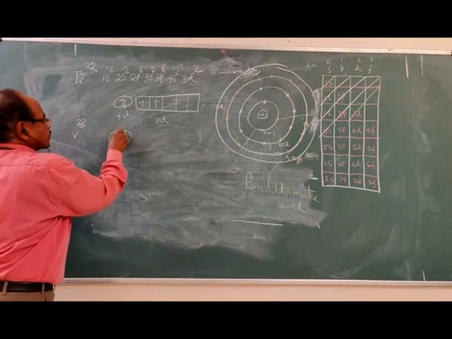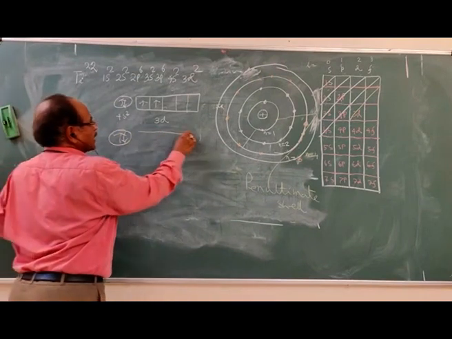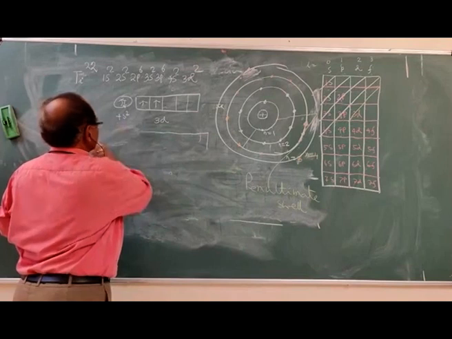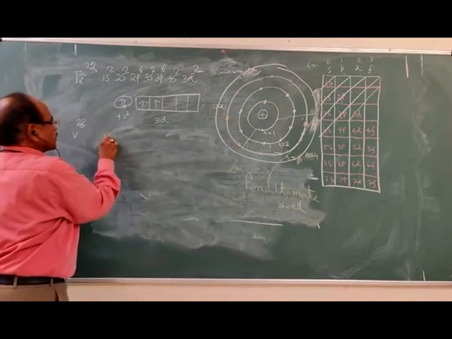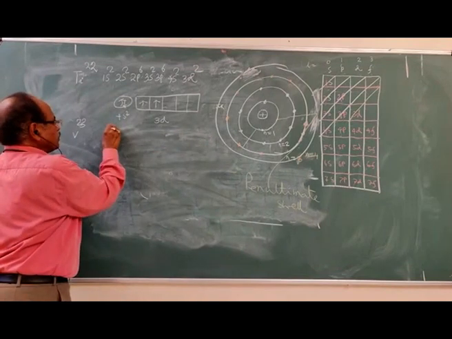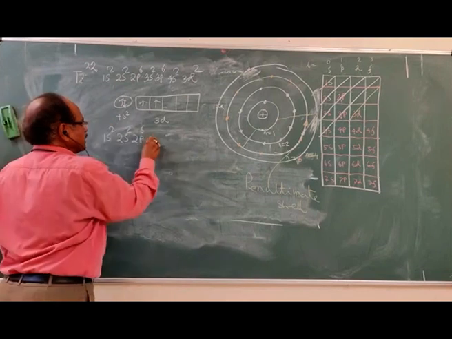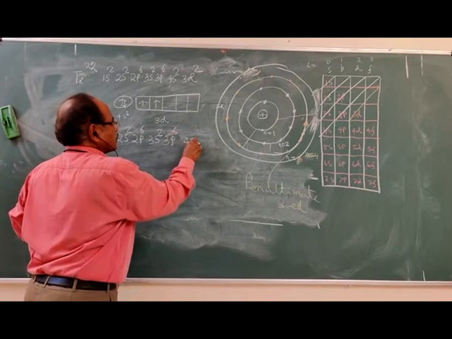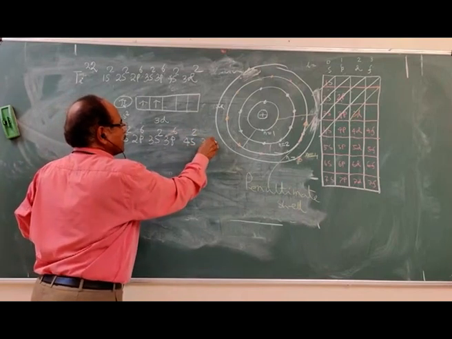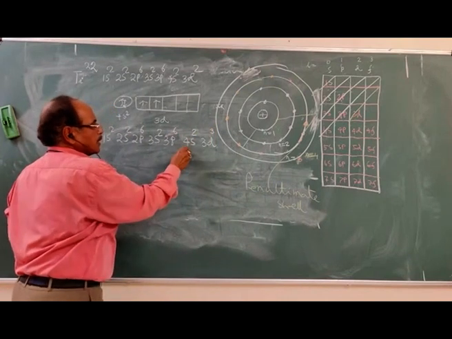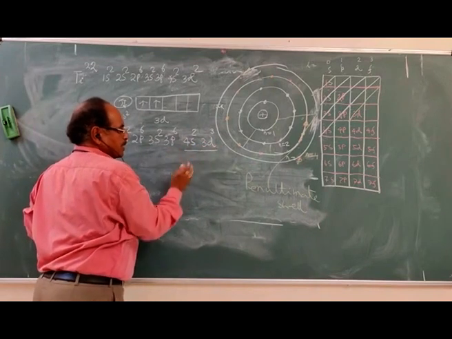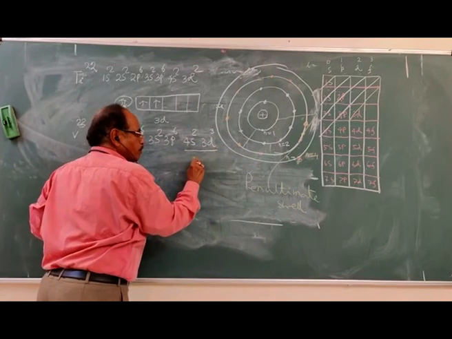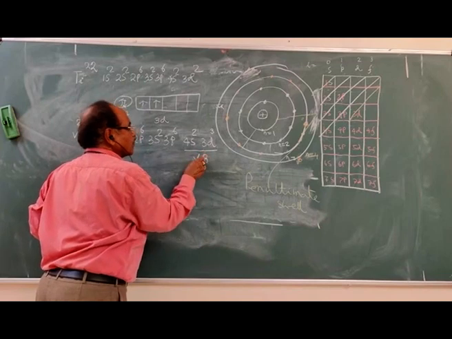So it is 1s2, 2s2, 2p6, 3s2, 3p6, 4s2, 3d3. There are 5 electrons here, so it is placed in the 5B subgroup of the periodic table.